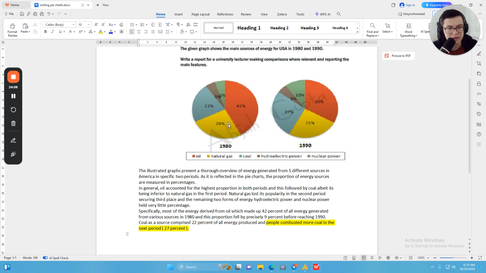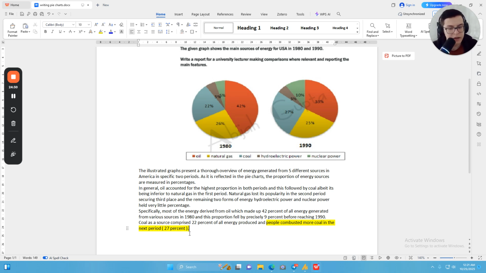You can just do it like mine. I highlighted this section: people combusted more coal in the next period. That means people actually used more coal in the next period.